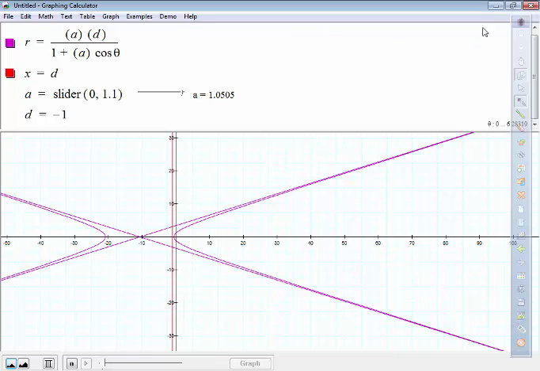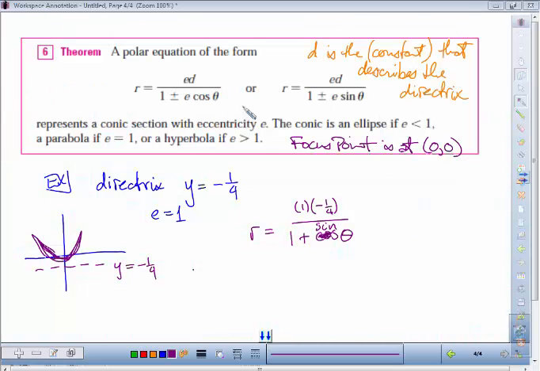I think in that case, what they want you to do is make your appropriate choice for your polar equation, because your polar equation comes in one of these forms. There's a sine or a cosine, and there's a plus or a minus.